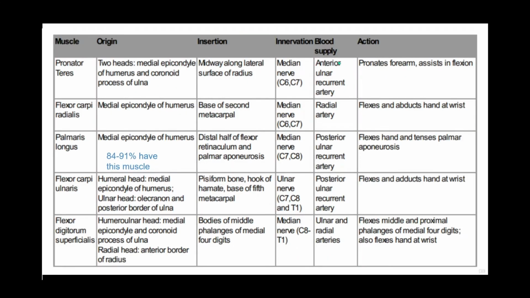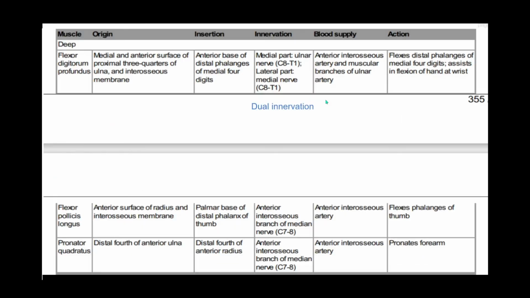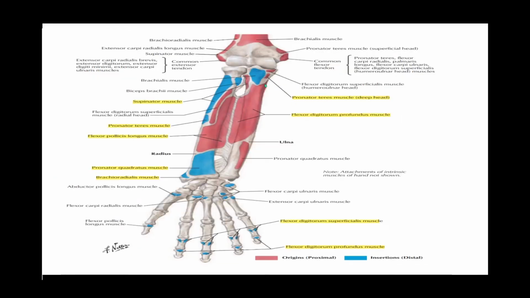So the pronator teres, the innervation is the median nerve C6, C7. It pronates the forearm and it assists in flexion of the elbow, not flexion of the hand, because the pronator teres doesn't traverse the wrist, so it cannot flex the hand, but it assists in flexing the elbow joint. Okay, because you see it traverses the elbow.